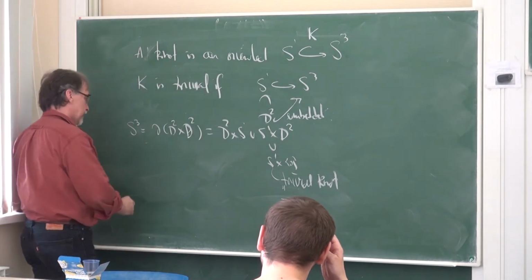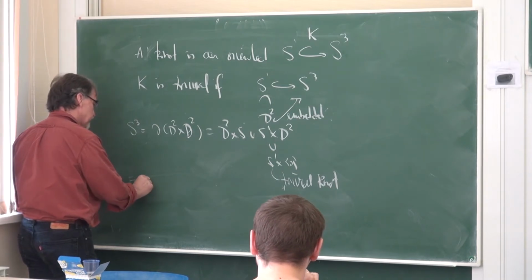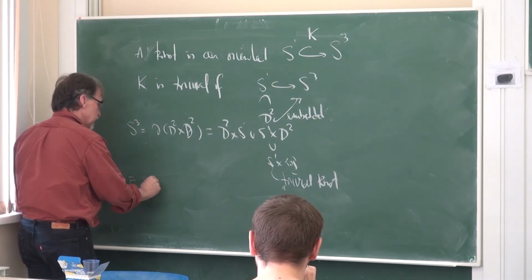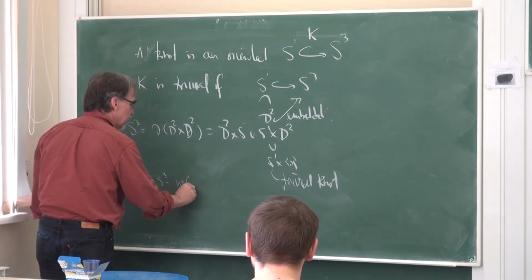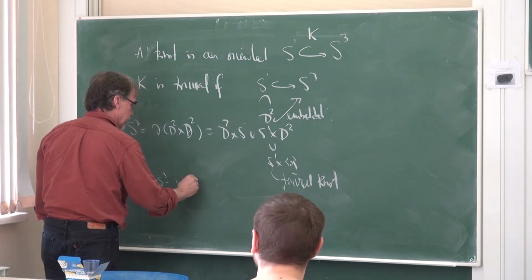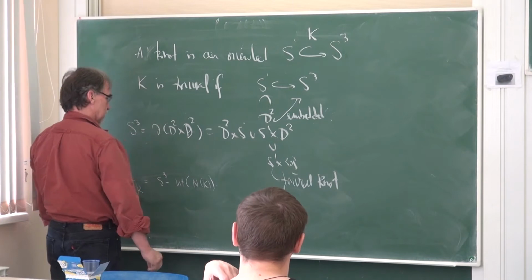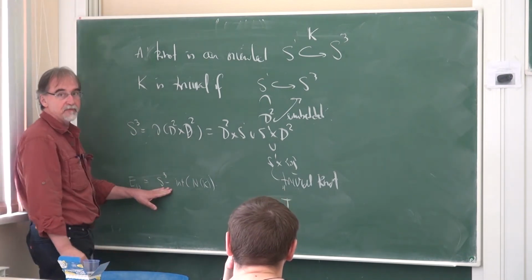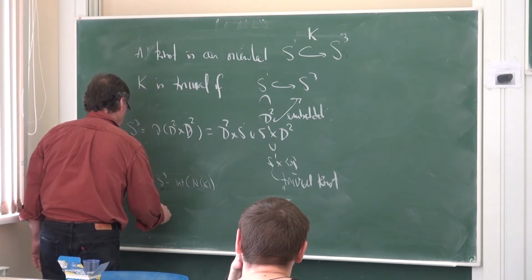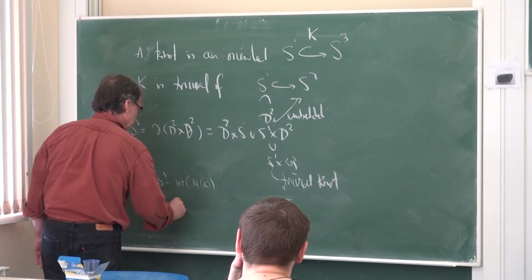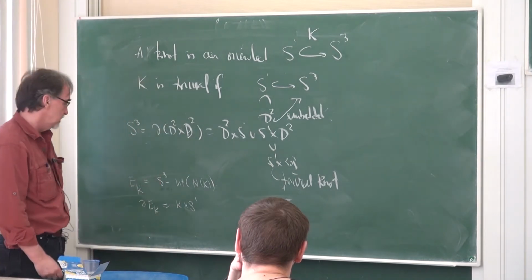And we could talk about the exterior of a knot K. The exterior of K is just what I get by taking S3 and removing the interior of a tubular neighborhood of K. That gives me a compact manifold whose boundary is, of course, the knot cross S1, because a knot has a trivial tubular neighborhood.